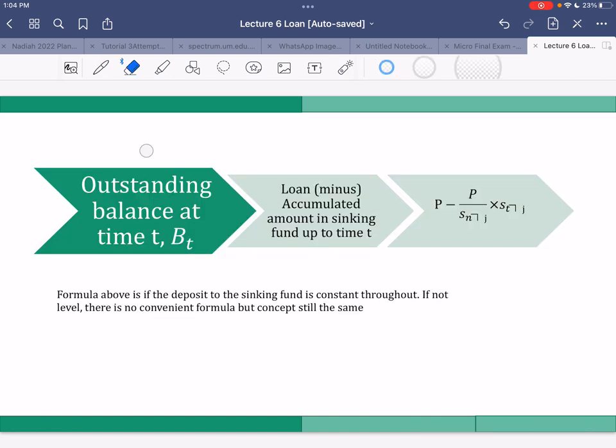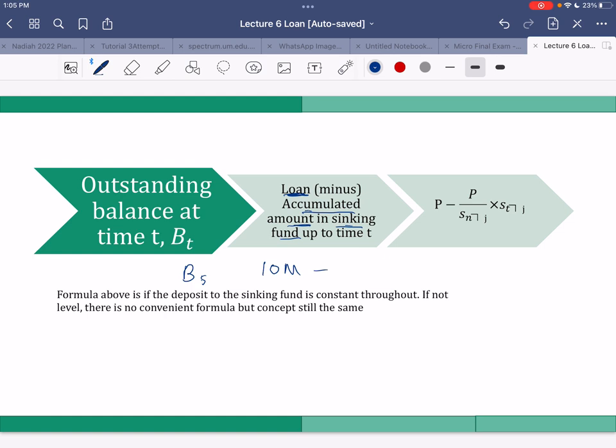This is how we find the outstanding balance for a sinking fund method. It is basically the loan amount minus whatever is already accumulated in the sinking fund up to time t. For example, if you want to find the balance at time 5, after 5 years, you take the loan amount, which in our example is 10 million, and subtract all of the amount that is already accumulated in the sinking fund.